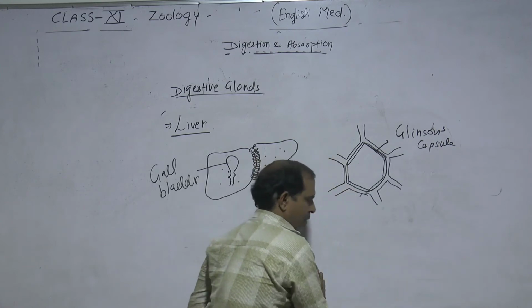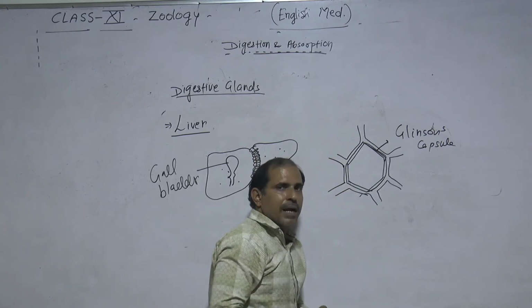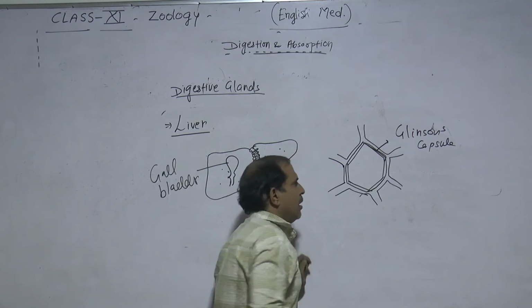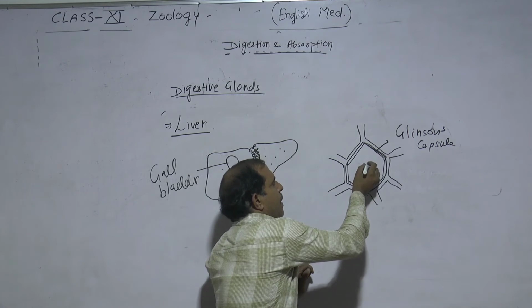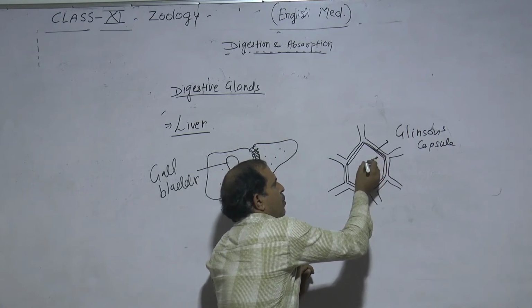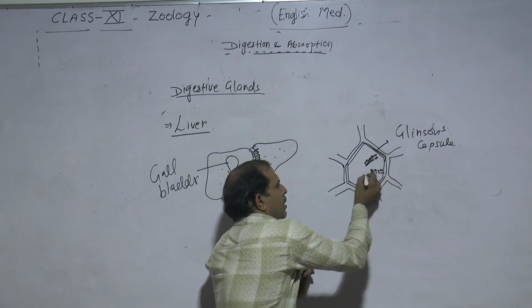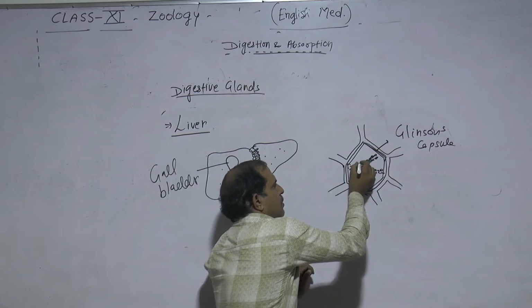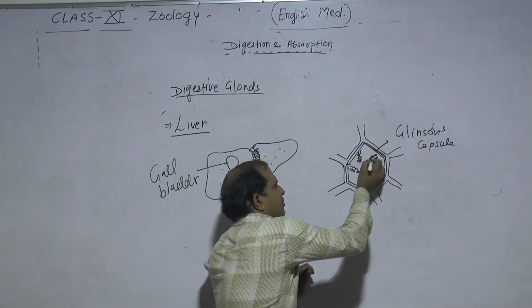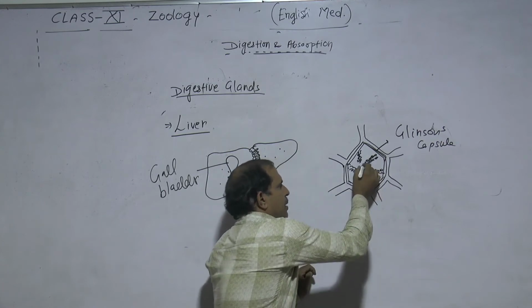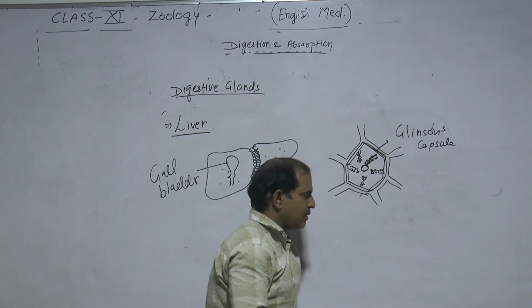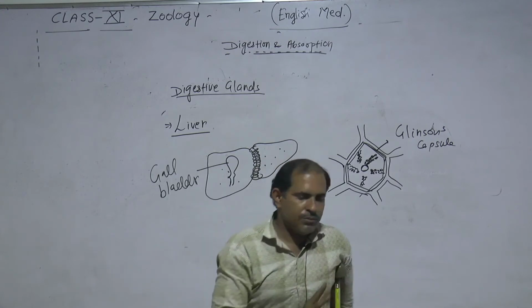The hepatic lobule is surrounded by Glisson's capsule, and in a lobule, two or three layered structure cords are present. These cords are called hepatic cords, and these cords are 2 or 3 rows.